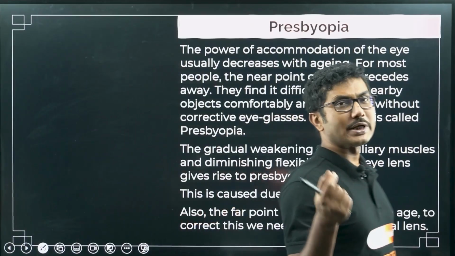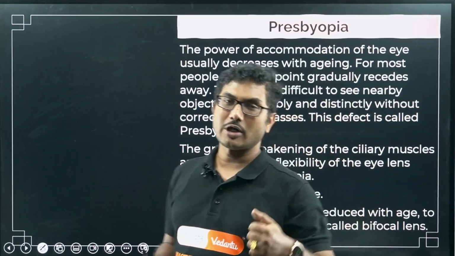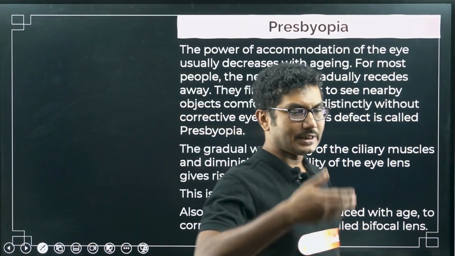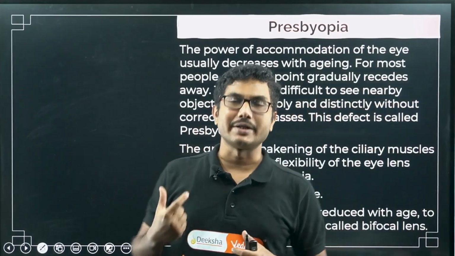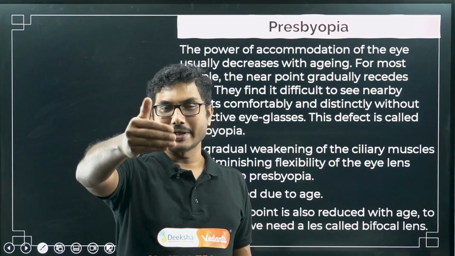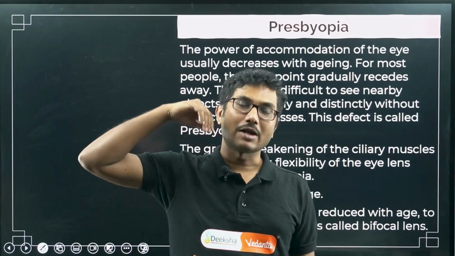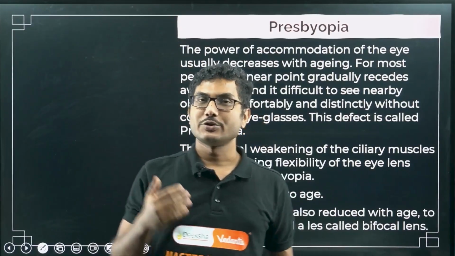Some people cannot see closer objects, and they also cannot see distant objects as well. So the range in which they can see objects becomes very restricted. They can only see objects somewhere between the near point and far point. So they cannot see distant objects clearly, they cannot see closer objects clearly.